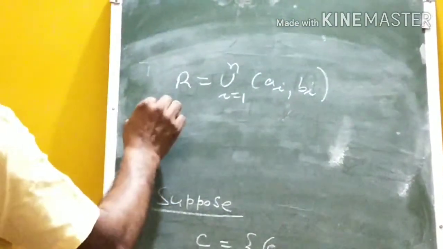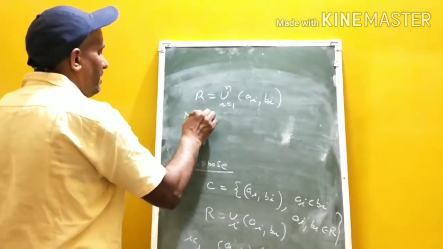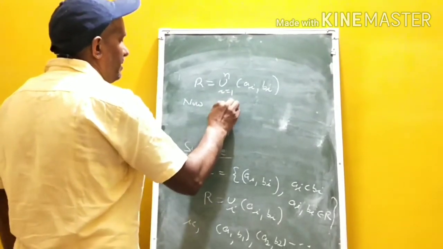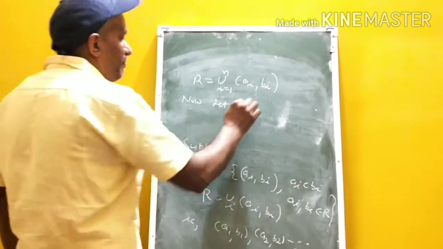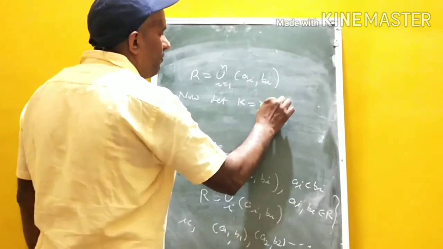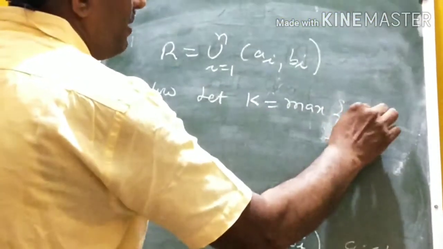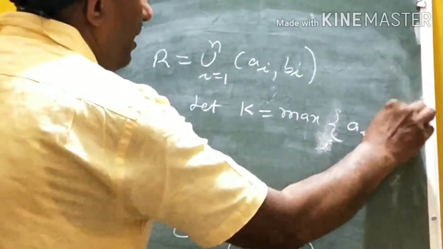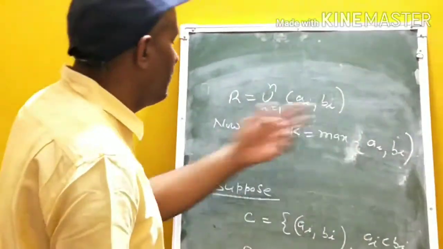Now let K be the maximum of all a_i, b_i. K is a real number, the maximum of all these.